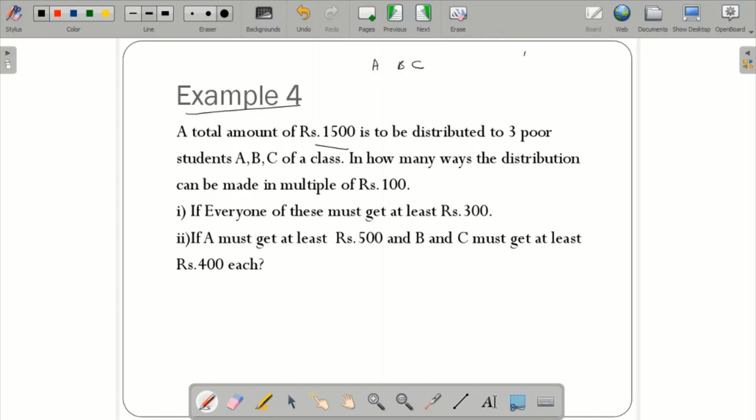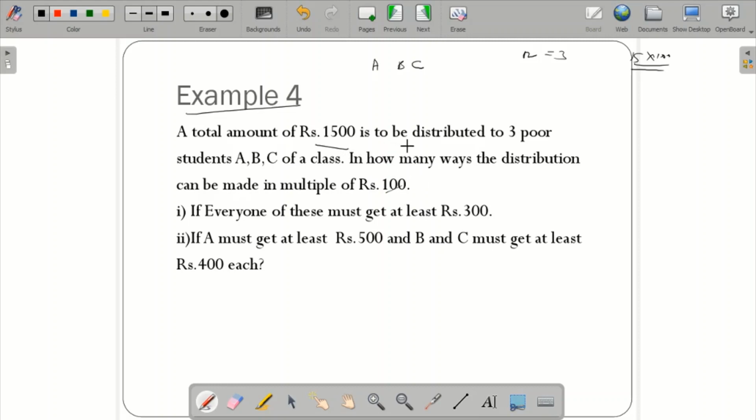So what is n here? N is equal to 3, and the amount is actually R. 1500 is nothing but, how can you tell it is an R? In case it is a multiple of 100, then it is 15 into 100, and this 100 is repeating, right? So it is R.